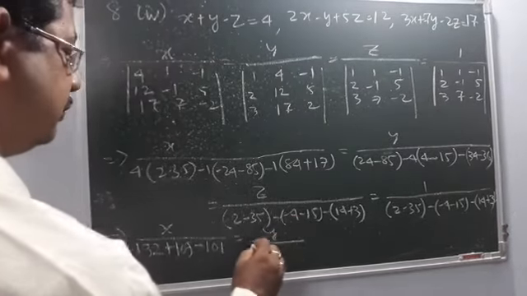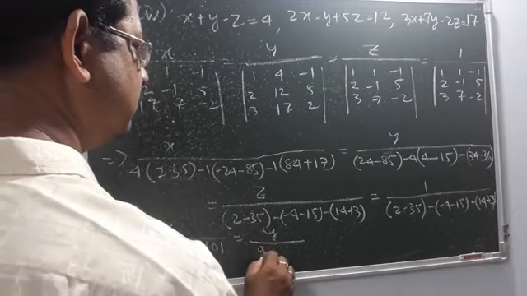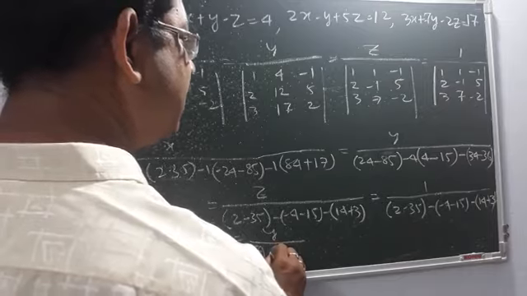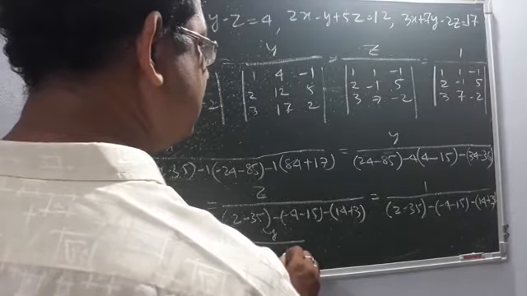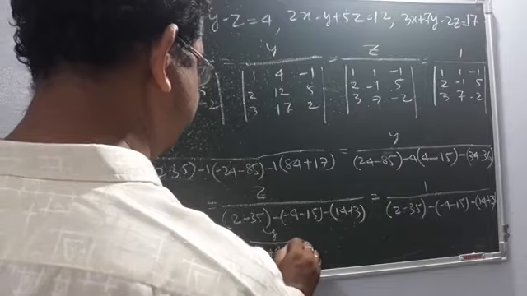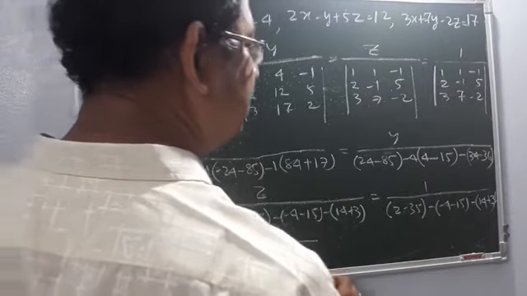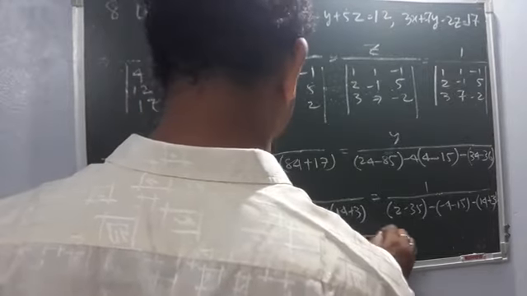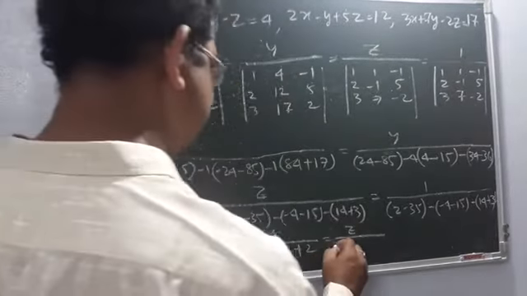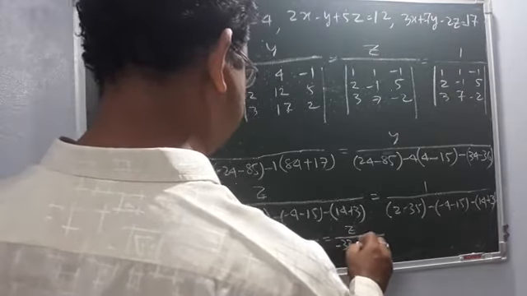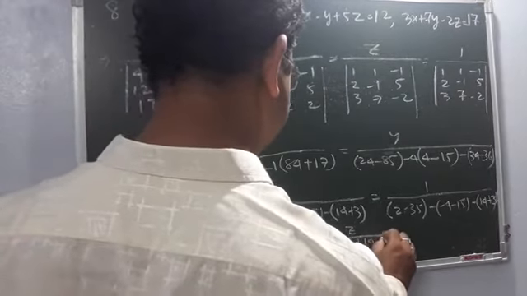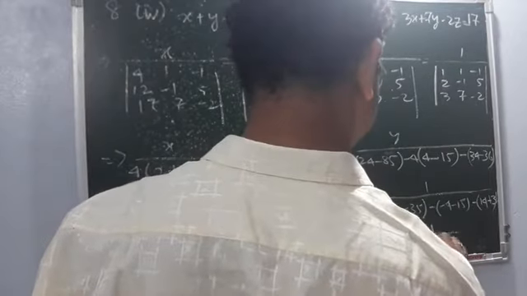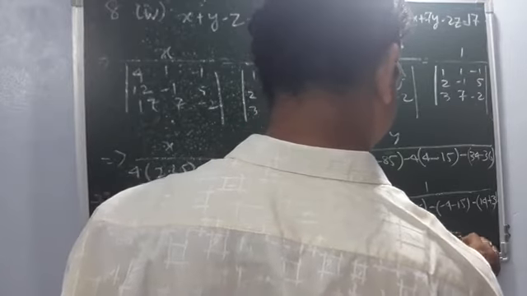Y will be what? Minus 59. Here it is minus 11, so it is plus 44, and there it will be minus 2 plus 2. Similarly for z also, if you do, it is minus 33, then it is plus 19, then it is minus 17. And here it will be minus 33, plus 19, and minus 17.